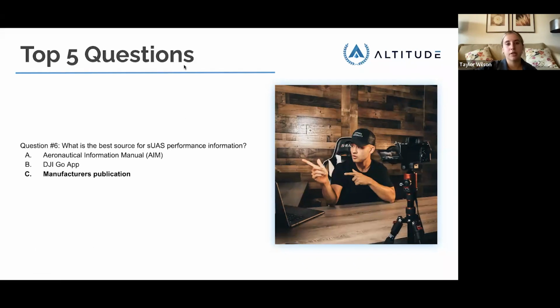I would like to say, though, the AIM is a great resource, not for small UAS performance limitation, but it's part of our FAR AIM, the FARs being the FAA regulations. And then the AIM is the second half of that book. If you guys ever get a paper copy of it, it has great information regarding airspace. Not all of the information in the AIM is going to pertain to unmanned aircraft, but there's quite a bit back there, especially regarding airspace and the rules associated with it.